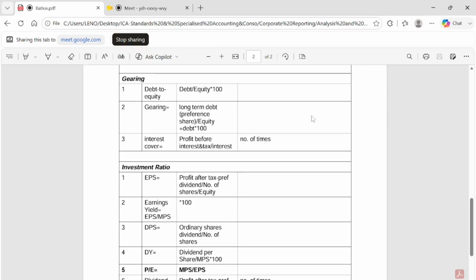Because if your company is funded from external bodies more than the shareholders, it is not good, right? Because you end up paying more interest on your business operations. And the more you pay interest, the more the company will not be progressing.